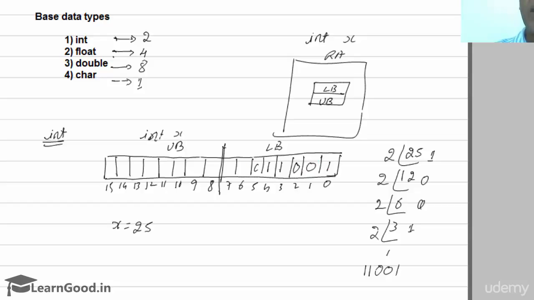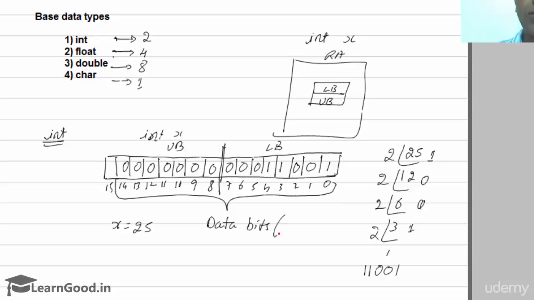In the rest of the locations, you'll have nothing but zeros. All these locations will have a 0. The first 15 bits are treated as data bits. There are totally 15 bits, and the last bit is treated as the sign bit.